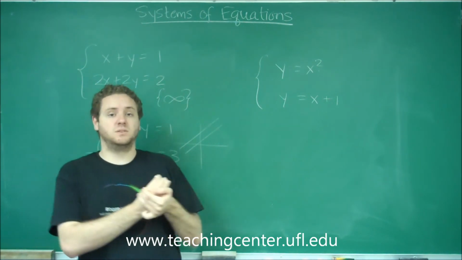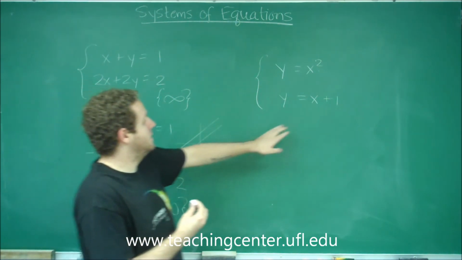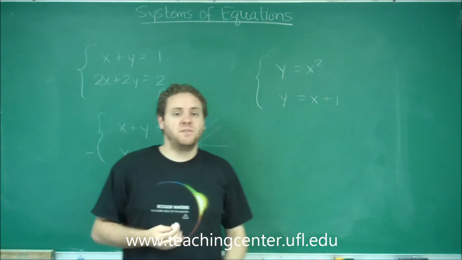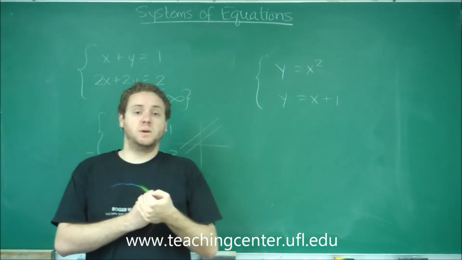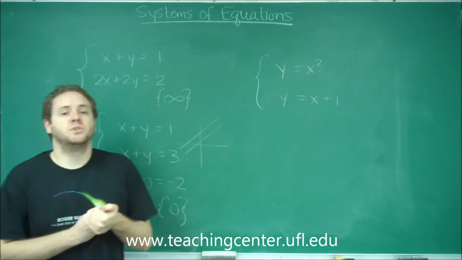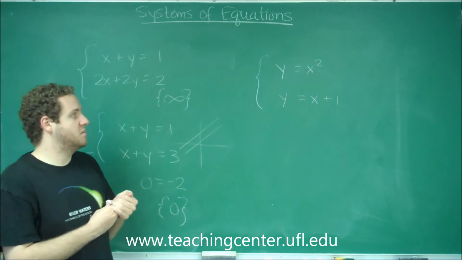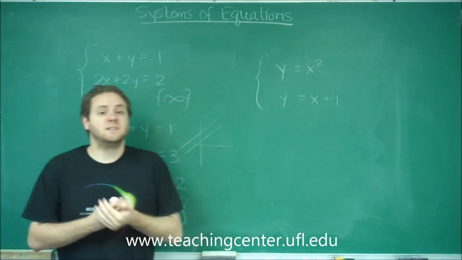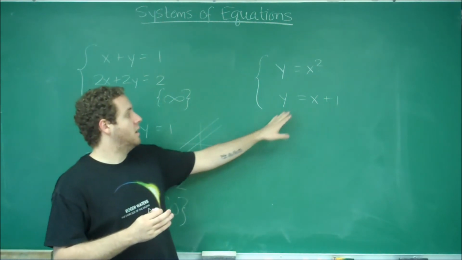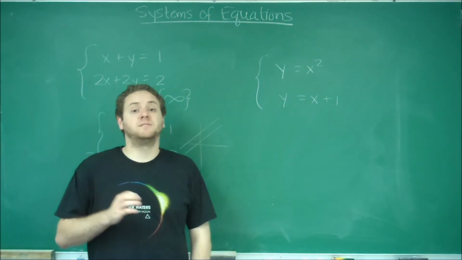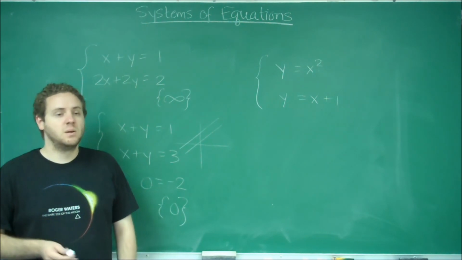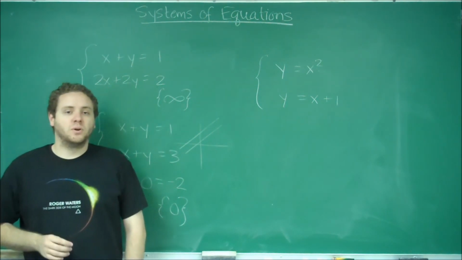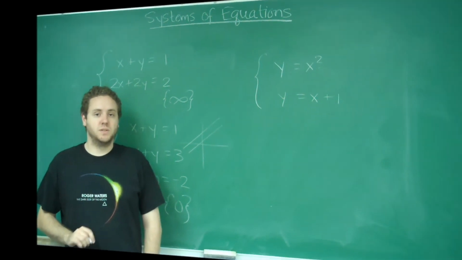You have to use substitution. So you would plug in x plus 1 instead of y in this equation. It would now be all in terms of x, and you have to solve it. It'd be a quadratic equation. This is oftentimes what you're going to have if you think about systems of equations where one of them is a circle or one of them is a line. If you have anything other than linear equations in your system, you have to use the substitution method. But those are the 3 different types you get for linear systems, and just an approach for nonlinear systems of equations.